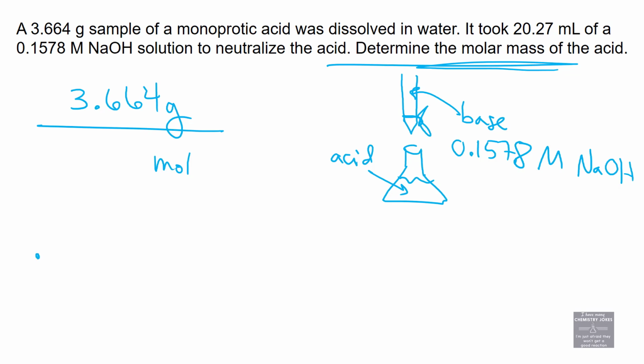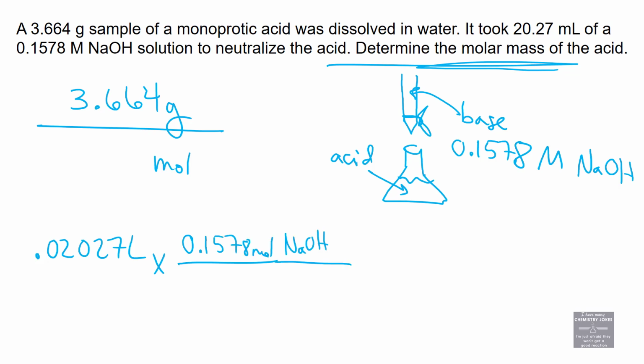So, 0.02027 liters of base times 0.1578 moles of sodium hydroxide per 1 liter of solution times 1 mole of sodium hydroxide. I should probably write an equation per every 1 mole of monoprotic acid.